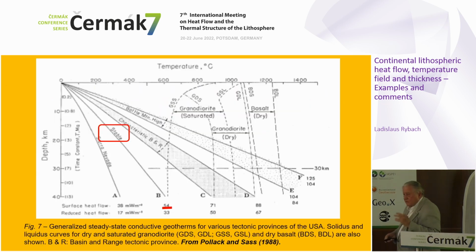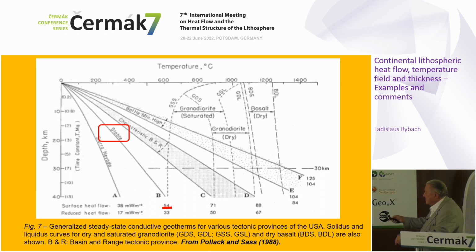They looked into 4 provinces in the US, and this is the Sierra Nevada. This is the coldest geotherm. Then the stable, the main part of the North American continental lithosphere is stable, and then are more hot and more surface heat flow, basin and range.